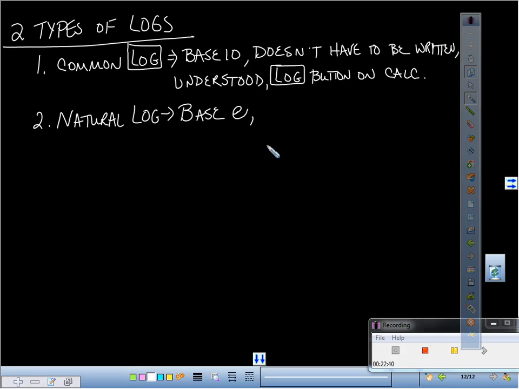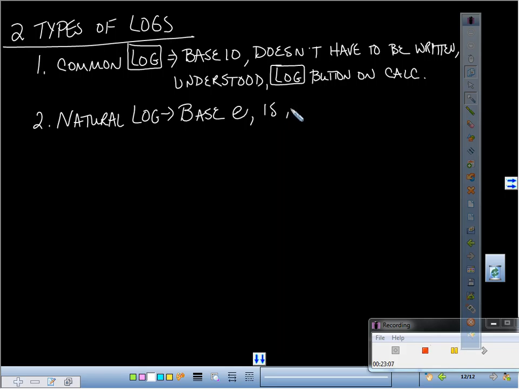That's what the kids kept saying last period. They're like, oh, it's base Euler. And I go, it's not base Euler. Euler's dead. He's not the base of this log. But his number is, the number that he discovered. And remember how I told you it was really important? It will come back into play. And then we used it in the PERT formula. It is the base of a natural log.